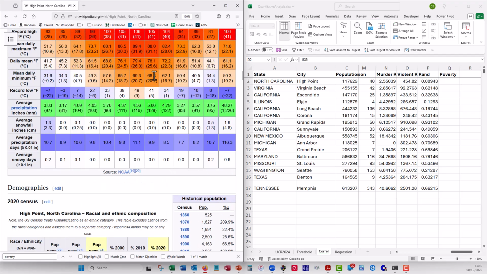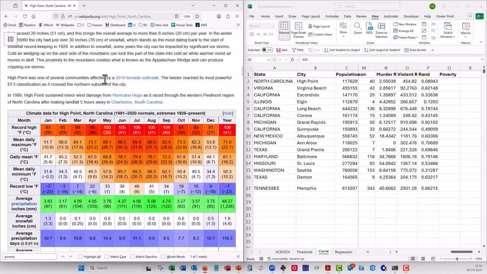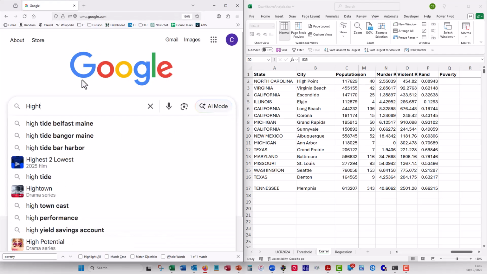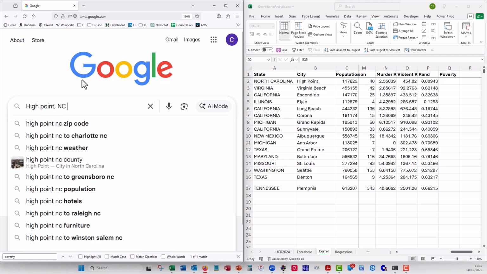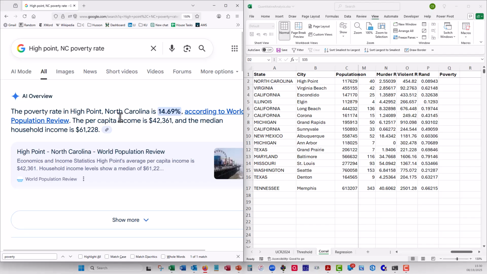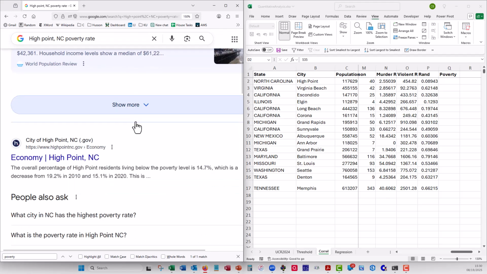Most of the time, though, you should find a discussion of the most recent census. You might have to go to other sources. If you just Google it, Google's AI overview these days will probably give you the more recent statistic.